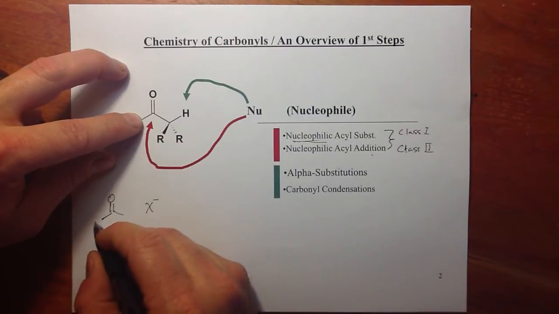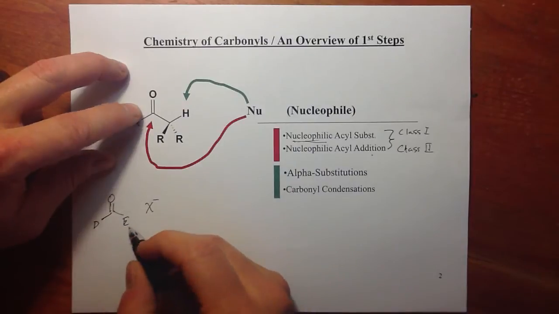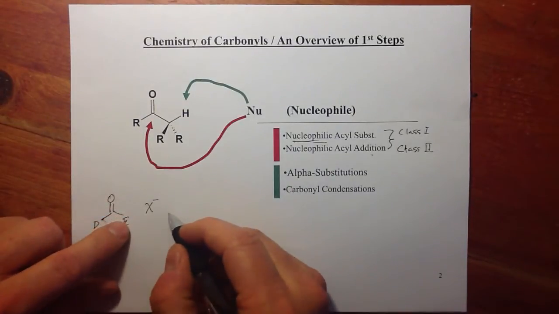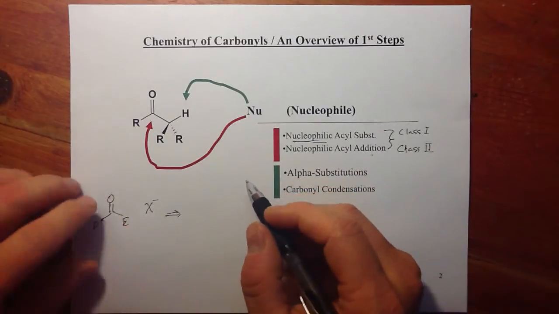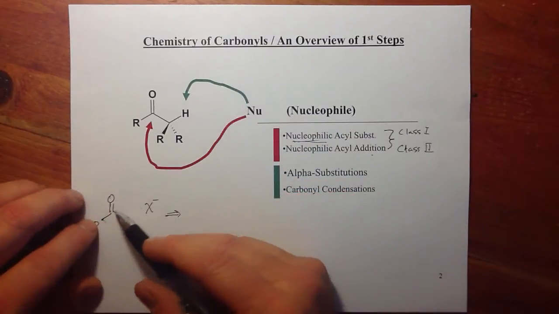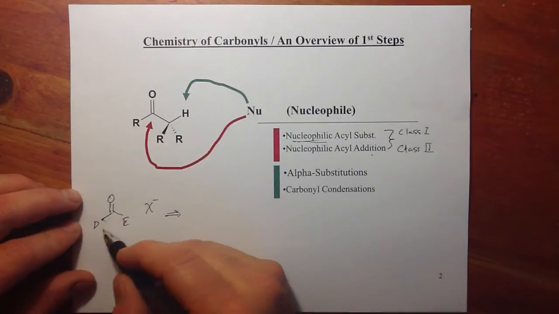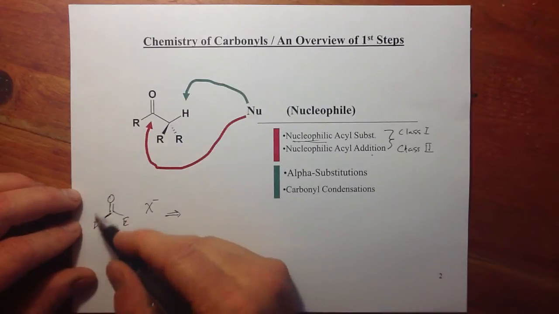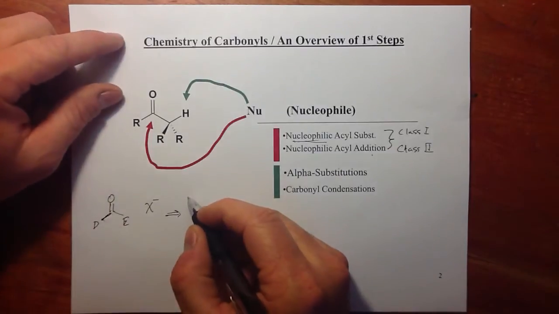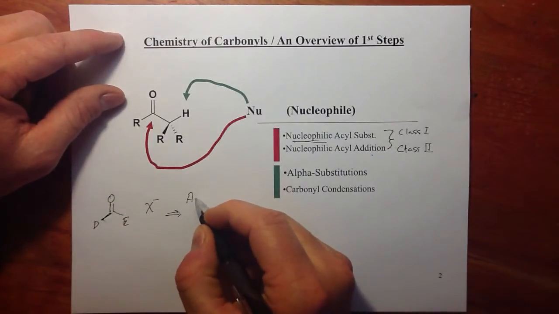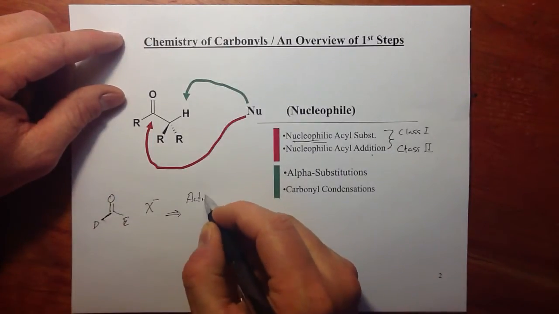Let's call it D and E. We haven't defined what these are. In polar reactions, if you have a strong anion and you have some electrophile that could be provided in this reagent here, you often have to ask these two questions. What can I do acting as a nucleophile?